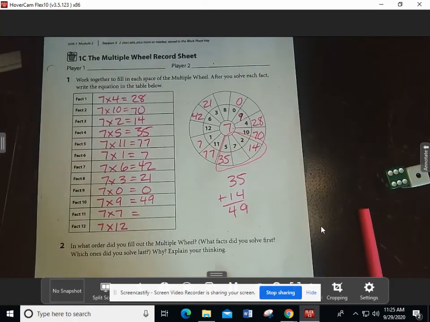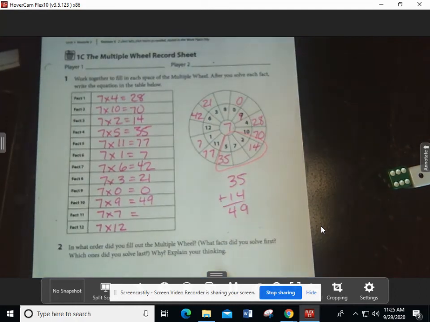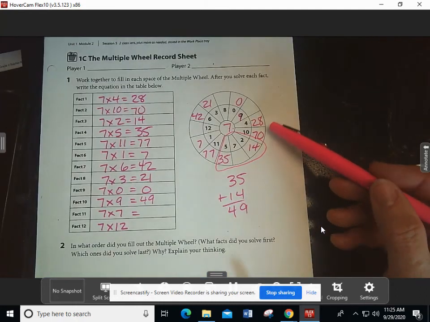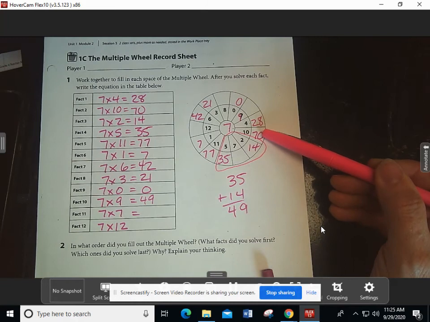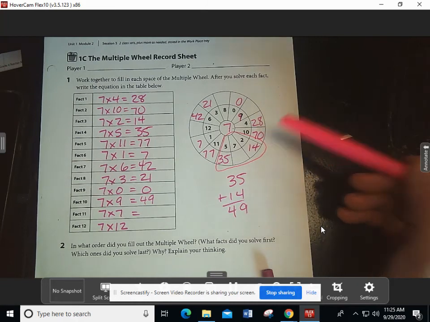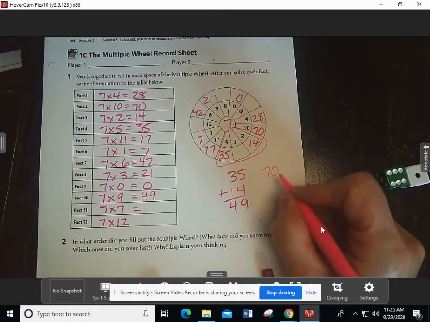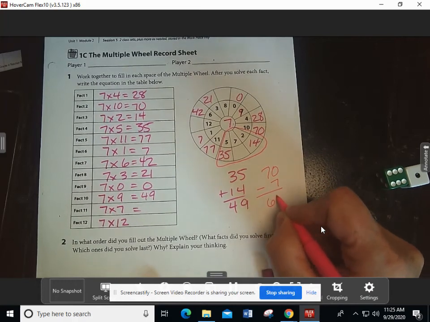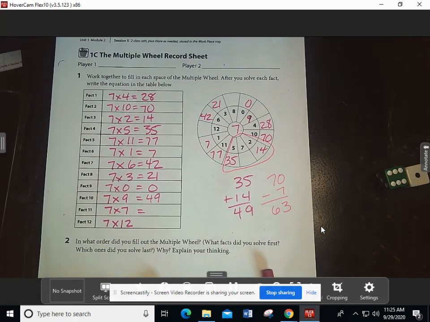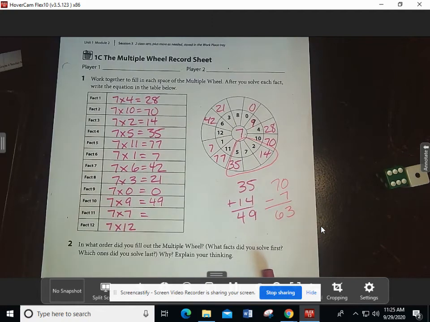But let's think about another way that we can use this. Can we go with what Phoenix was saying before, where we could use 70 and then we can subtract one group of 7? Okay. Because we can't even use 8. We don't know what the 8 is.